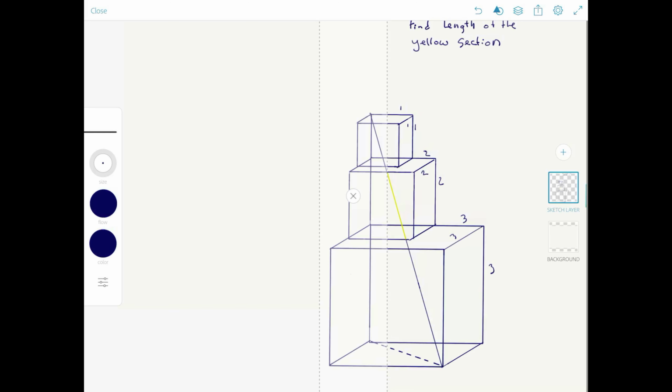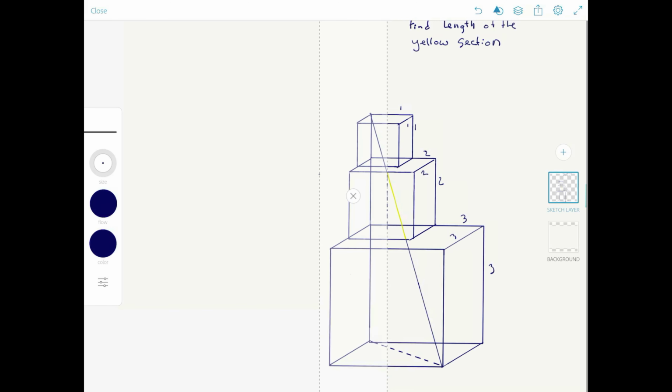I always found, when I did this problem, that drawing the problem was more difficult than solving the problem. So, find the length of the yellow segment, and that's the problem.